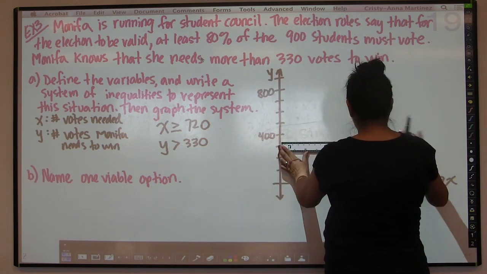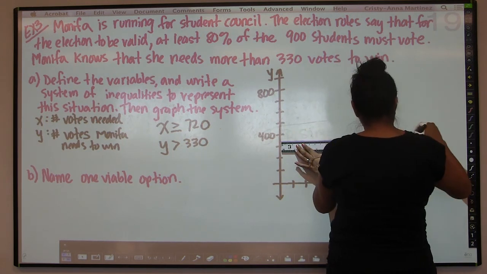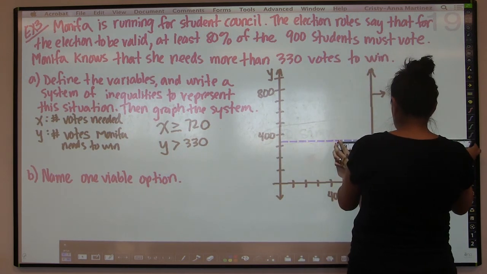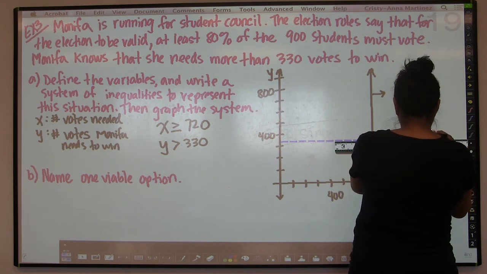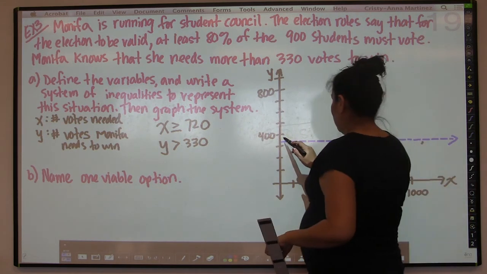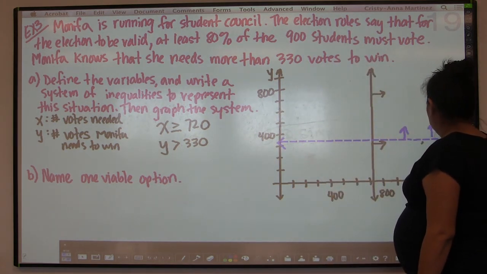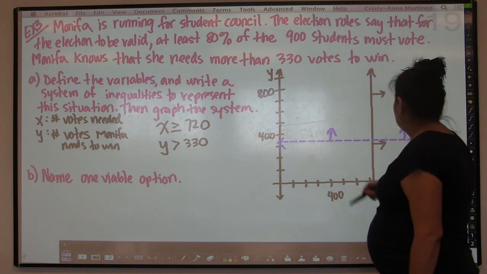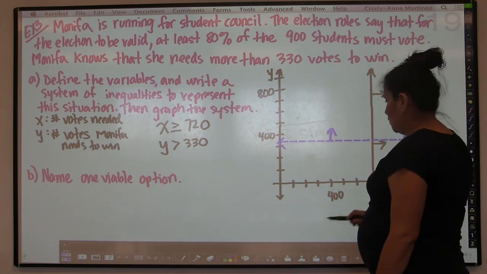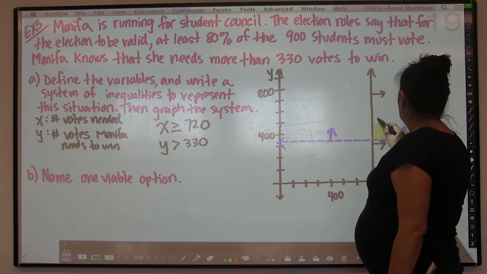Let's try that again. Like so, and you want to be above that barrier. So you can already see that the overlap in those two regions is going to be here.